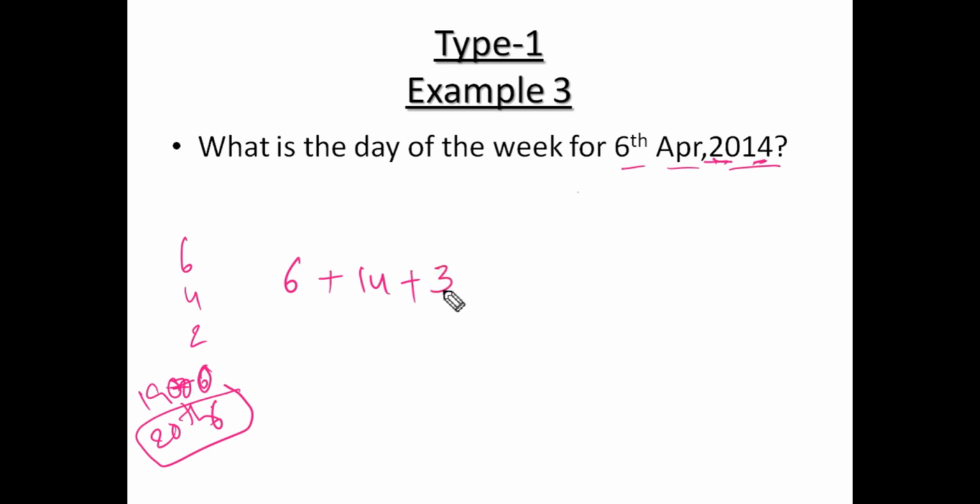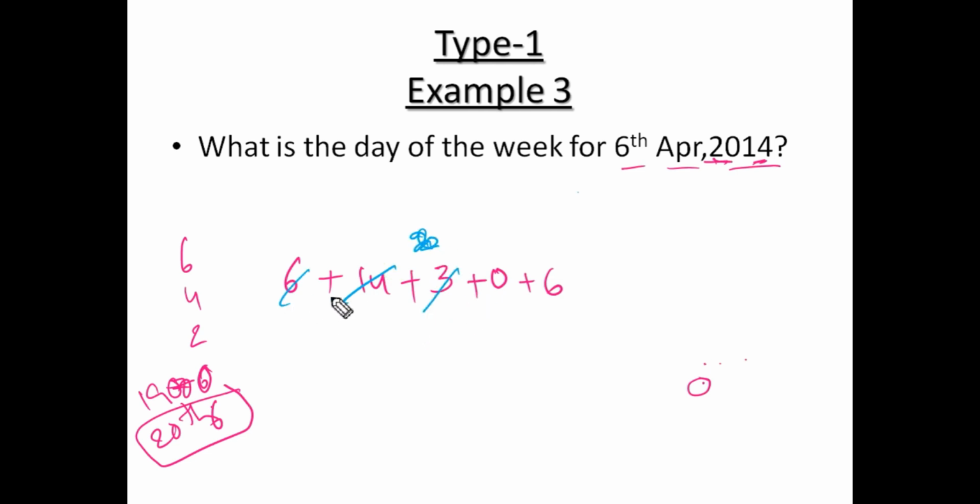3 leap years. Okay. April code: Jan, Feb, March, April. This is April, 0. And how many days? 6 days. Right. So 14 is directly divisible by 7, that's why it is cancelled.